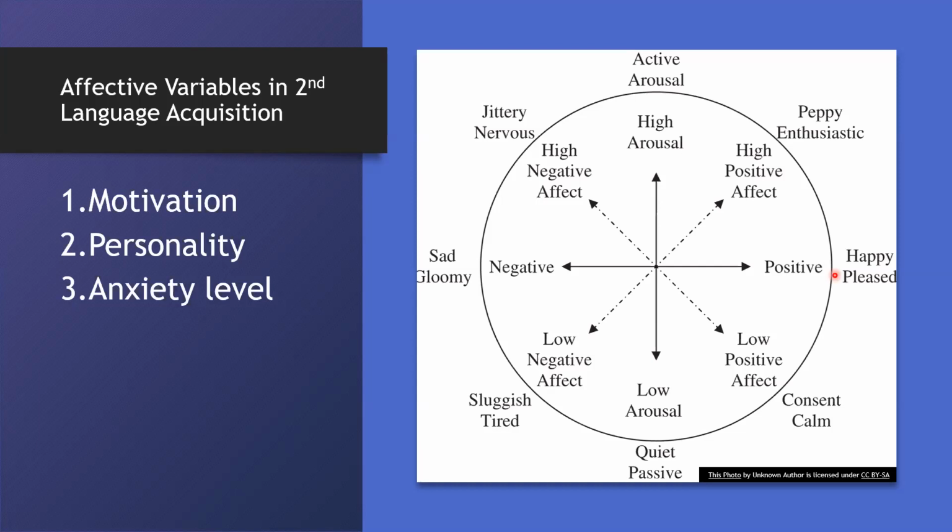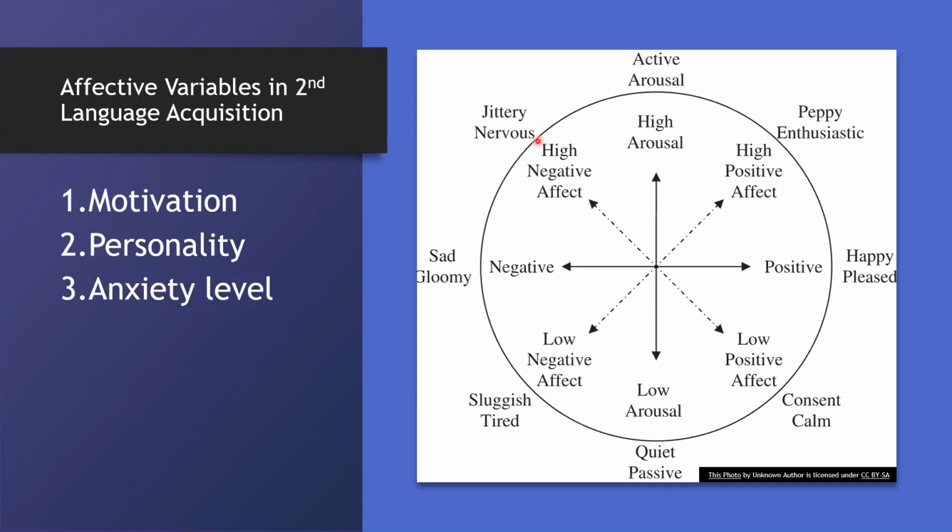So is what we're feeling perceived as being a positive emotion or as a negative emotion? And then on the y-axis, you have the intensity with which you're feeling that particular valence. So over here, you have a high negative affect. So you are very intensely feeling negative.